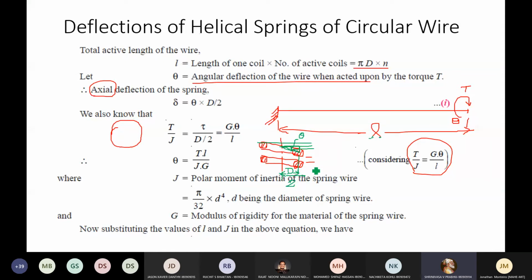The triangle drawn on the cross section also gets twisted by theta. Yeah, fine. You're valid on that.